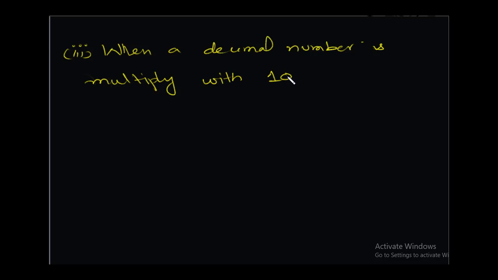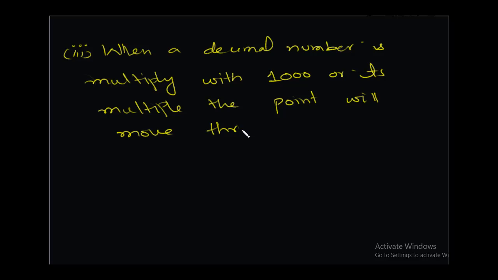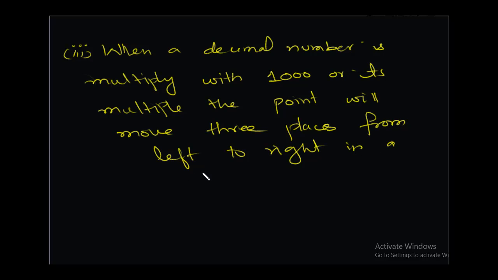Rule third is, when a decimal number is multiplied with 1000 or its multiple, the point will move three places from left to right in a number.